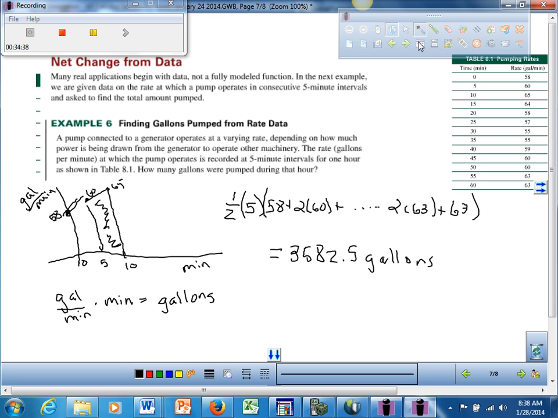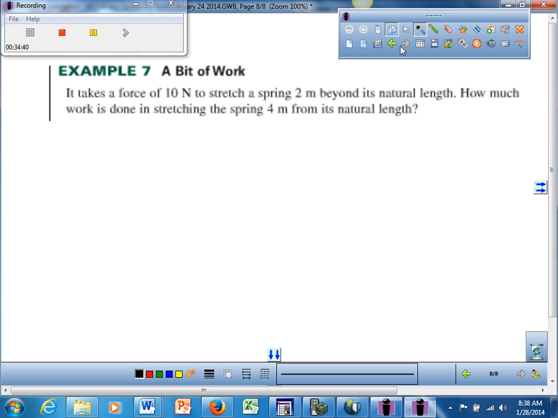All right. And I'm rushing through that one so I can get to the word problems, because we will be using calculus to help us find work and force. So we need to remind ourselves about a few things. In this problem, it said to take the force of 10 newtons to stretch a spring 2 meters beyond its natural length.